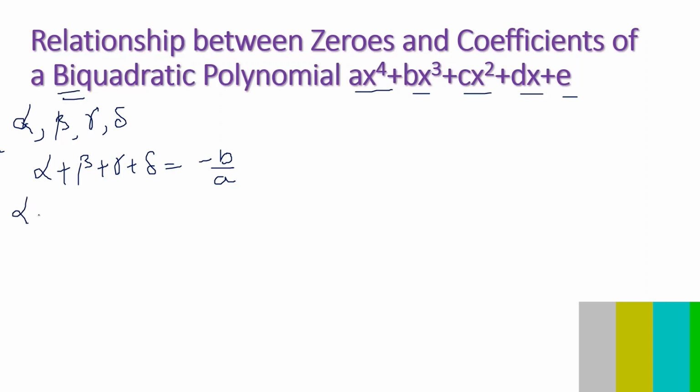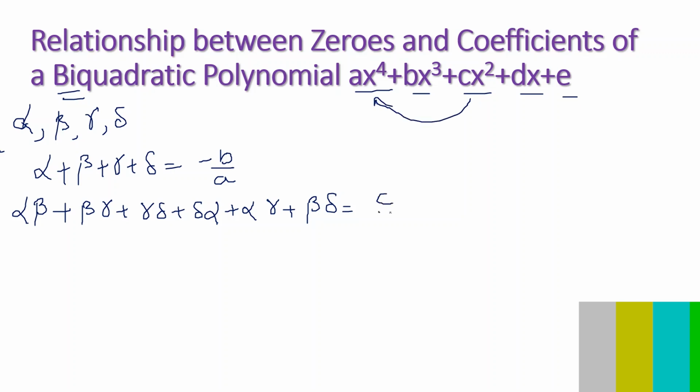Now if you are taking the sum of the roots 2 at a time, alpha beta, beta gamma, gamma delta plus delta alpha, and more combinations are also left, alpha gamma plus beta delta, this is equal to c by a.